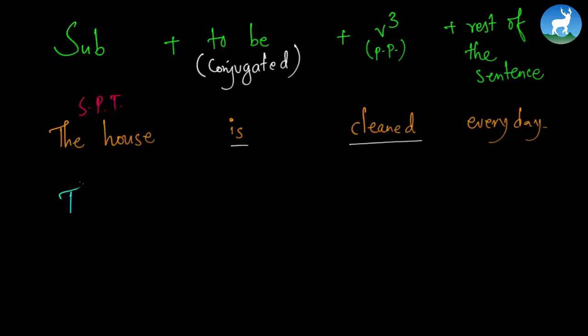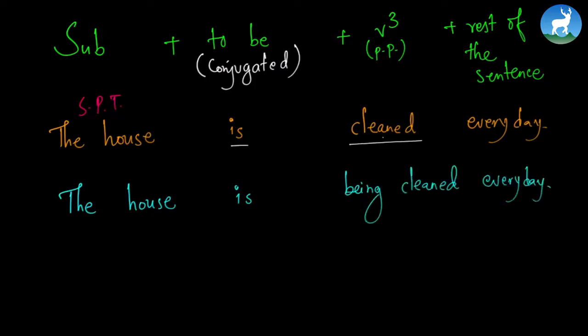More examples. The house is being cleaned every day. So we have the be verb and V3. And which tense is this? It is not simple. It is present continuous tense.